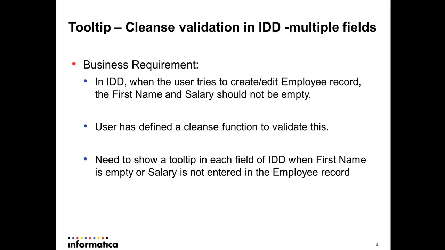So the user needs to define some cleanse function to validate this, and I will show you how to do that. And I need to show a tooltip in each field, with a proper message to the end user so that they get to know what kind of validation it throws and what format of data they need to enter.